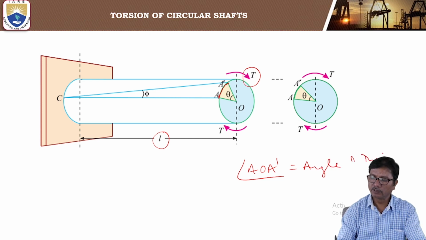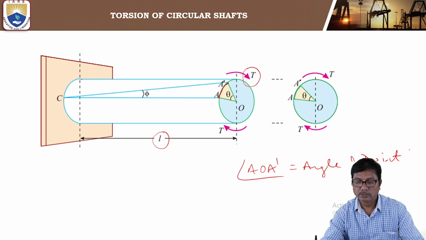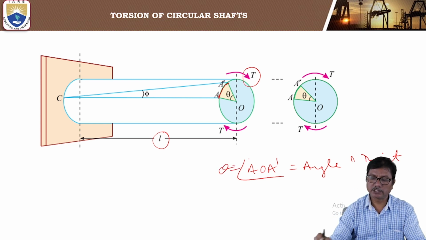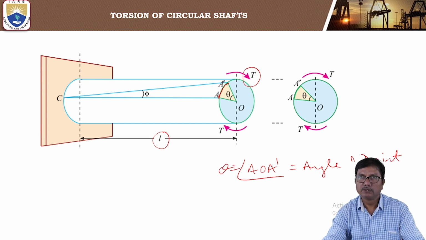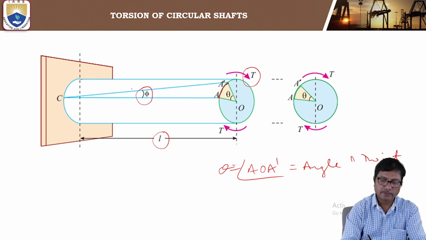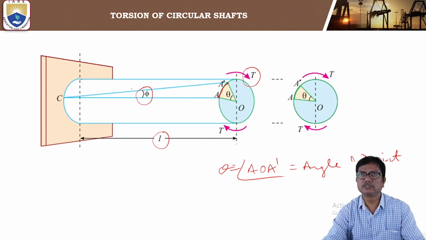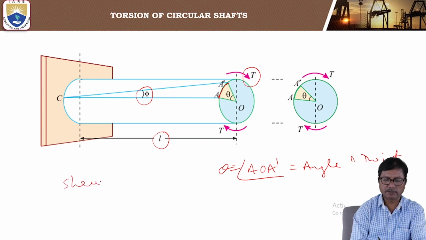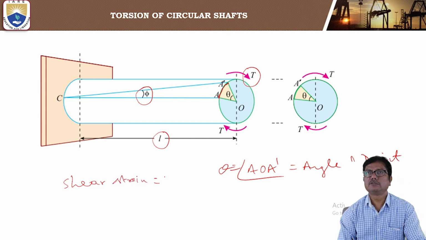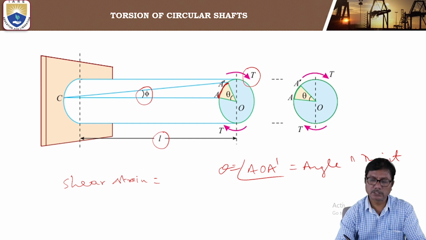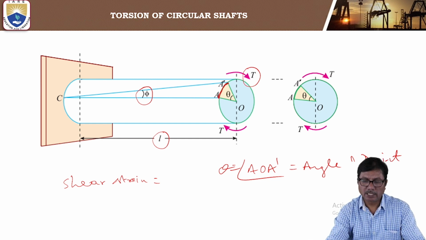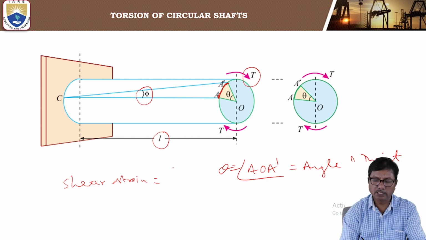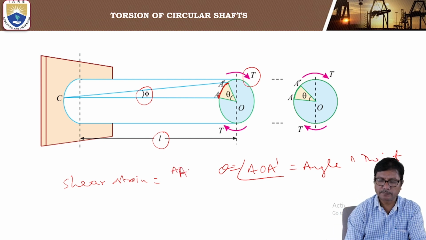The angle AOA dash is called the angle of twist, represented by theta. And this angle phi is nothing but the shear strain. Shear strain, by definition, is the lateral displacement or distortion, AA dash, per unit length.